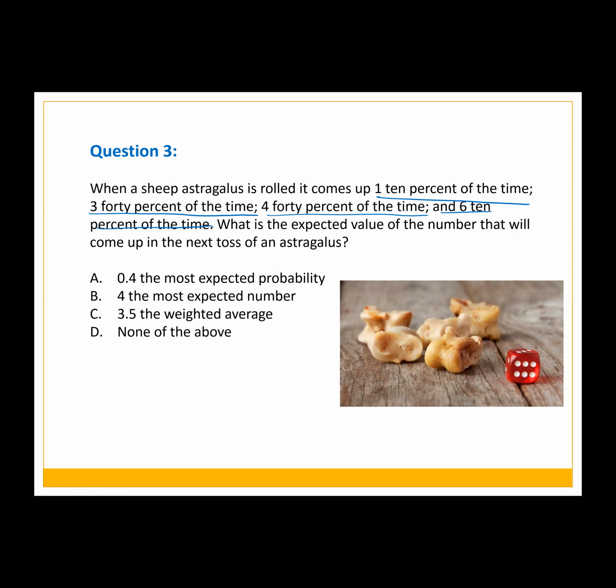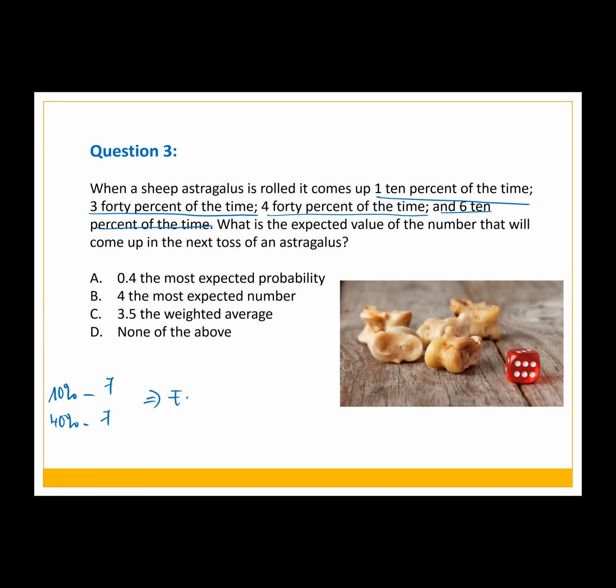What is the expected value of the number that will come up in the next toss of an astragalus? Now what happened is that you roll an astragalus and it comes up with 1 at 10%, and then 6 later, so it's 7 times, and then 40% with also 7 times, 3 and 4.